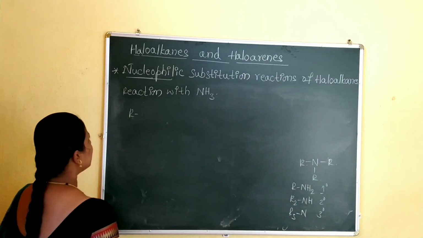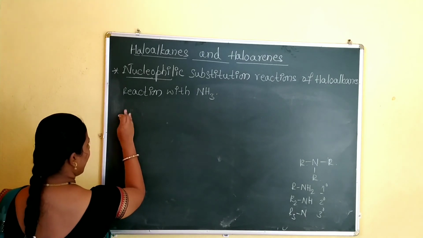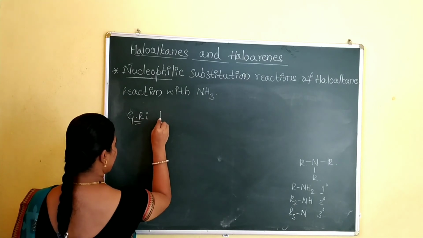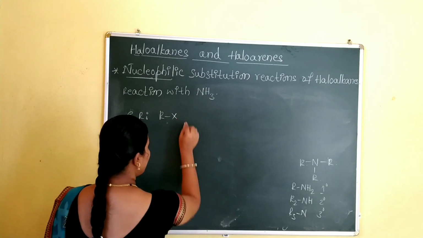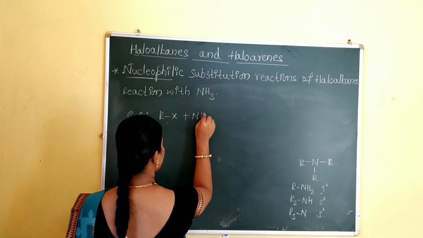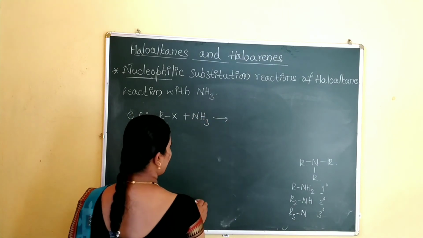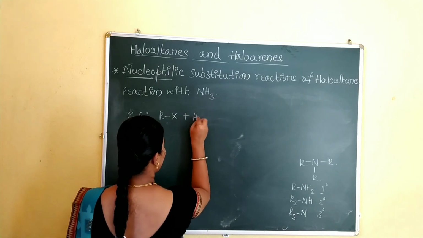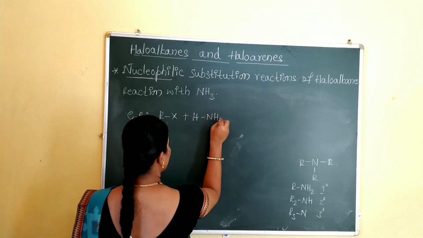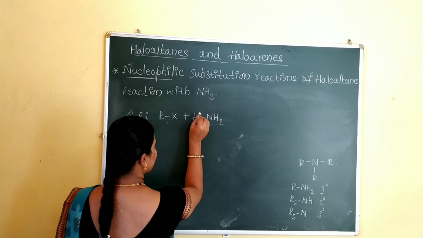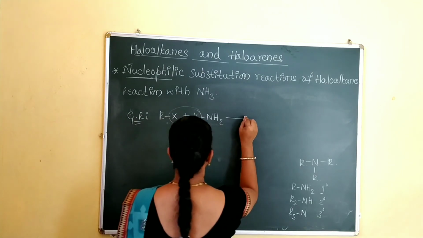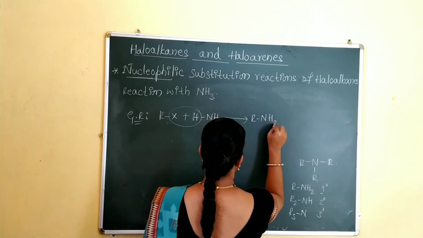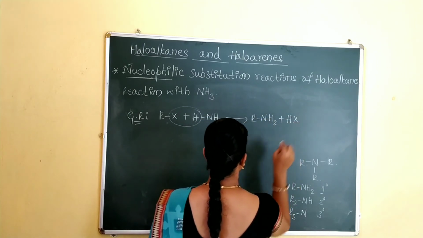So here, I will write the general reaction. When an alkyl halide reacts with ammonia, for our convenience, I will write like this. NH3 here, HX. RNH2 plus HX, hydrogen halide.